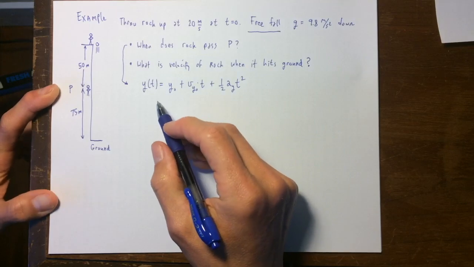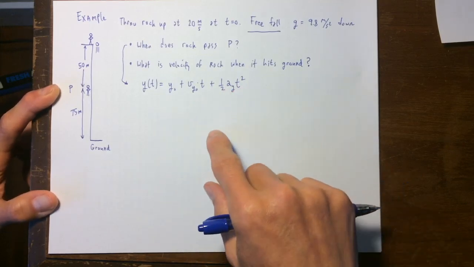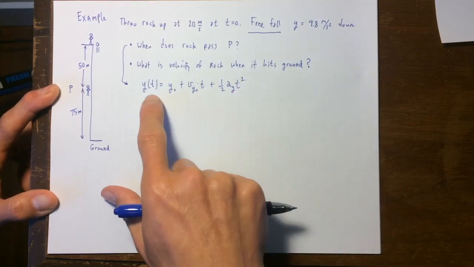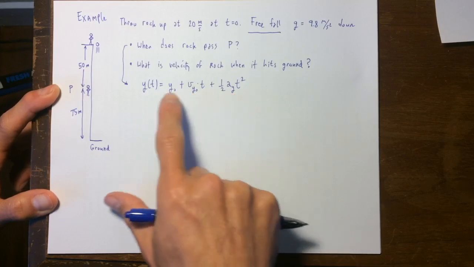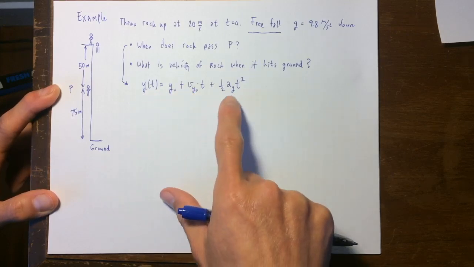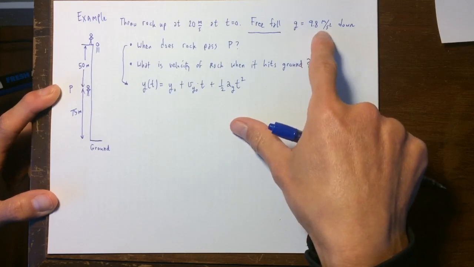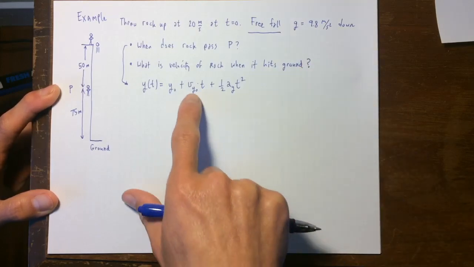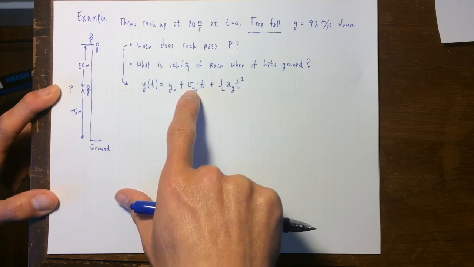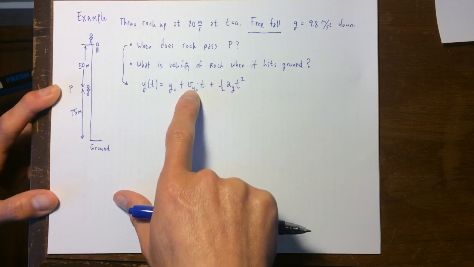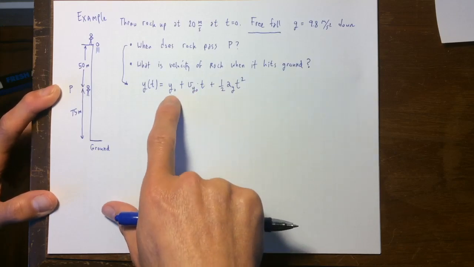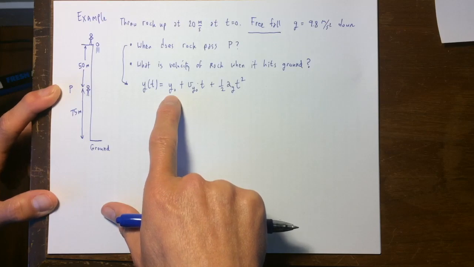Okay, so you remember from the previous example that in order to fill in values, to actually use this formula, I need to decide on what plus or minus to put in front of 9.8 meters per second squared. I've got to figure out, do I put in initial velocity as positive or negative? And also, I don't know what y sub 0 is.